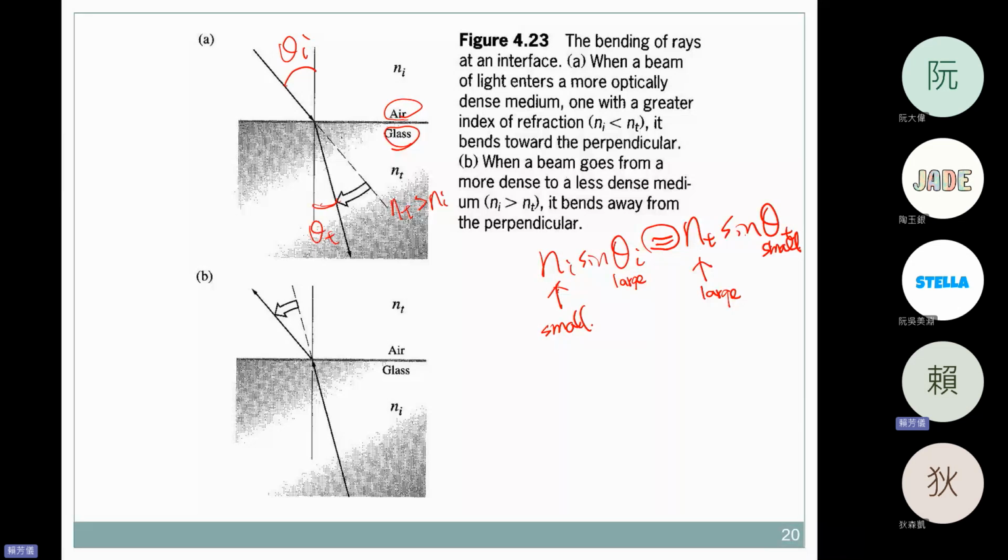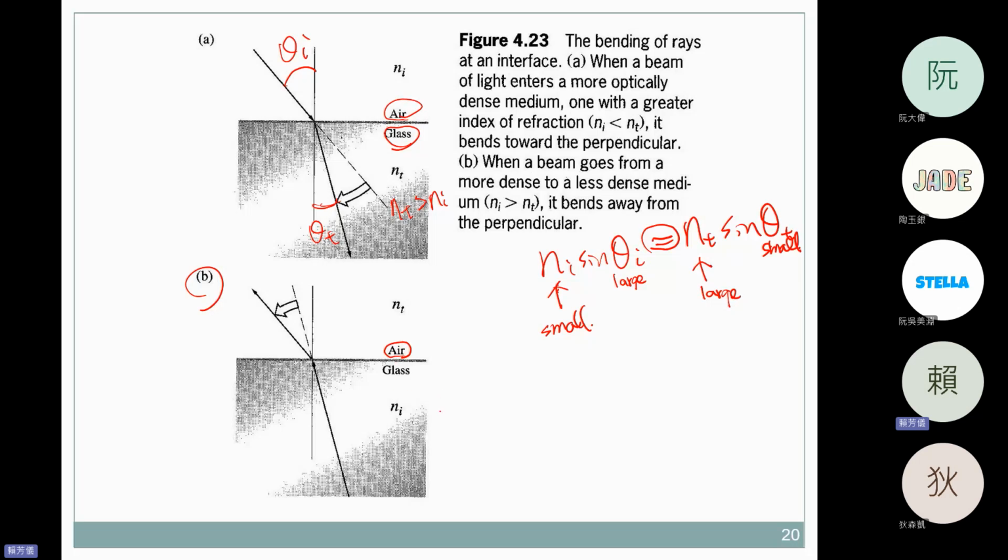And also in figure B, the light is incident on a not so dense material; the incident material is denser than the refracting material.